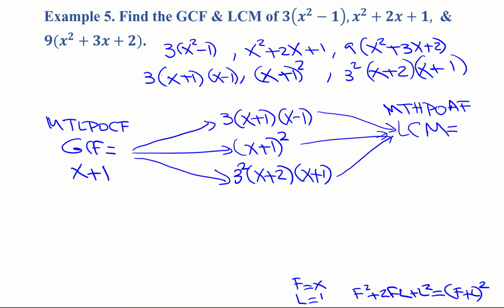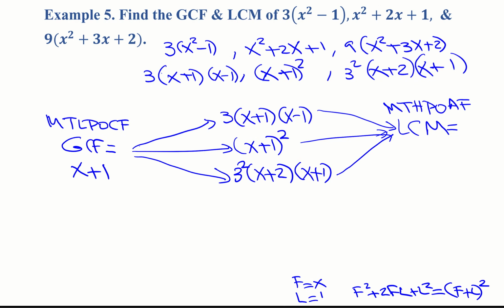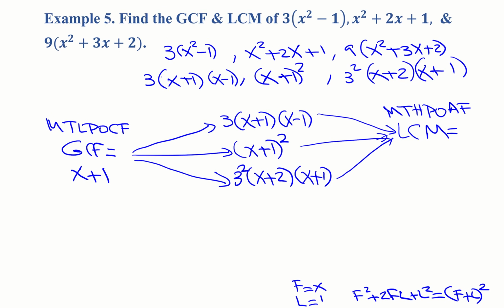So notice that we have a factor of 3. There's a factor of x plus 1. We're not worried about exponents right now. We're just taking what factors are in play. There is a factor of x minus 1, and there's also a factor of x plus 2, right?